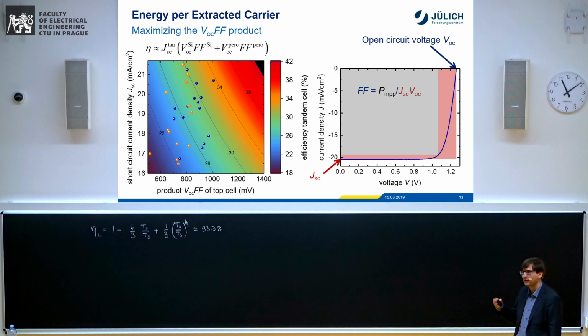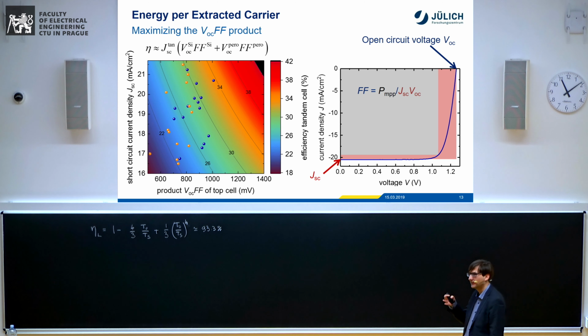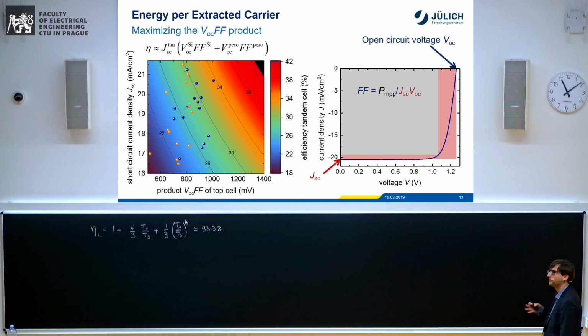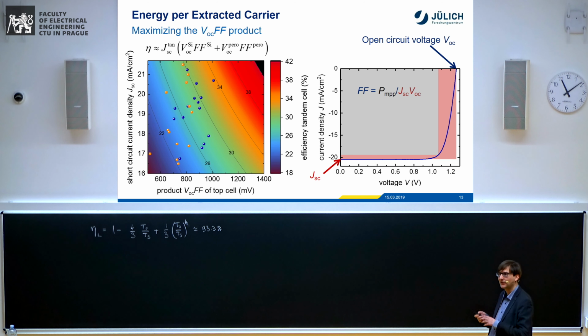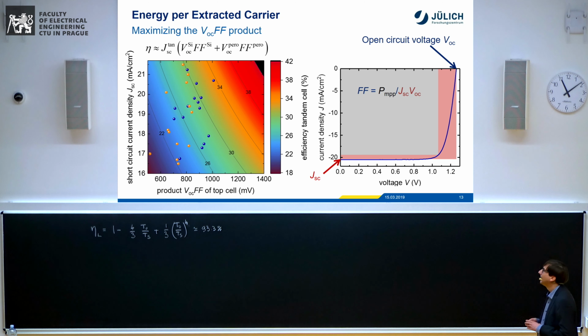The open circuit voltage is on the order of, I think, 740. The voltage at the maximum power point is about 630. So if you want to make a tandem solar cell on top of such a high efficiency solar cell, you need a short circuit current density of 20 and a bit, and you need much more voltage at the maximum power point than 630.